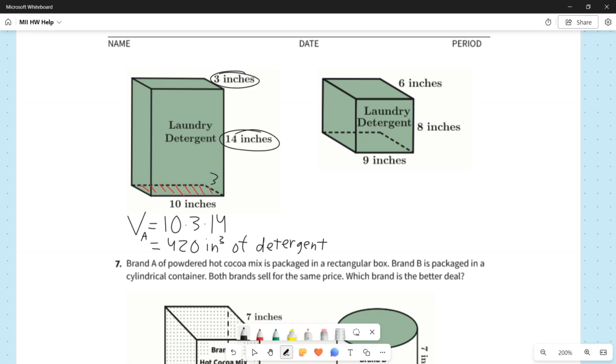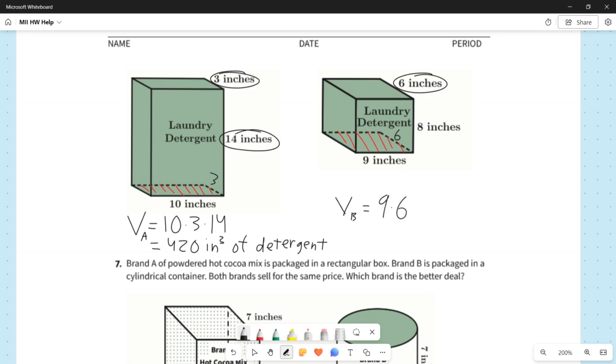Now, to get the second volume, which we'll call V sub B, this is again a rectangular prism. Our base is this rectangle here at the bottom. One of the dimensions is 9. The other dimension they give us up here is 6, so I'll put a 6 right there. So the area of the base is going to be 9 times 6.